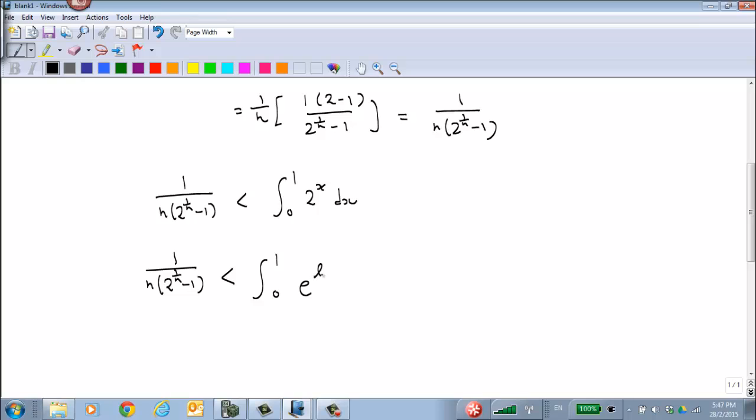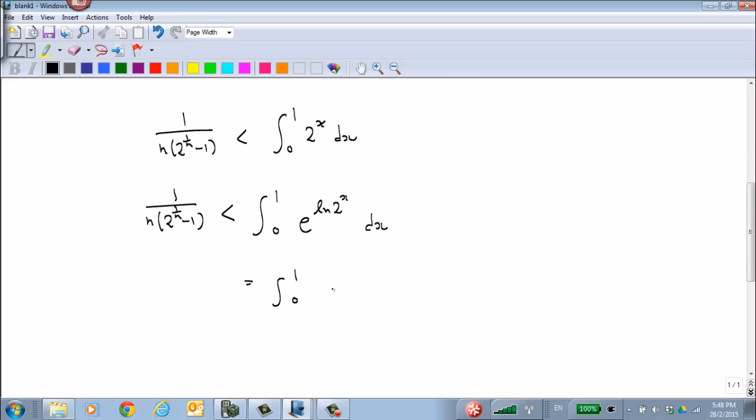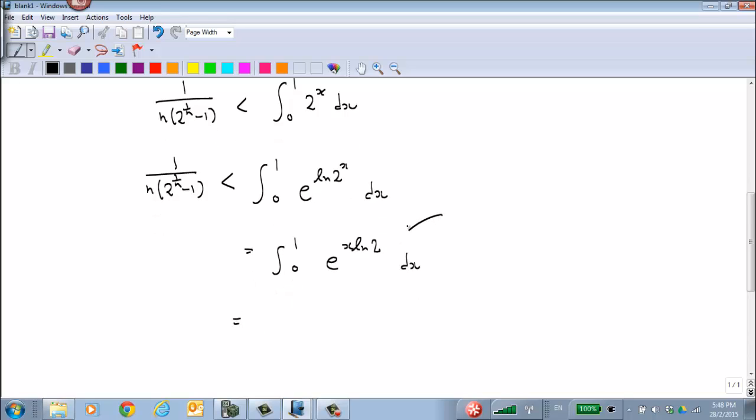Therefore, I purposely do something like this. Then from here, we will have x being brought down. This is similar to the integration of a constant to the power x, and we all know that in order to do this integration, it is basically something like this.